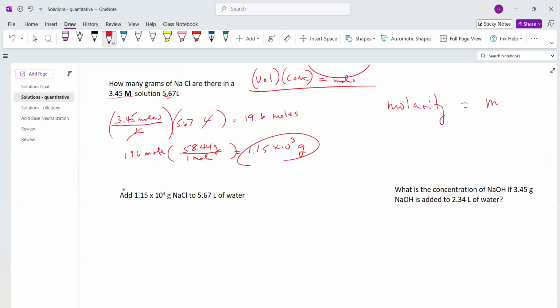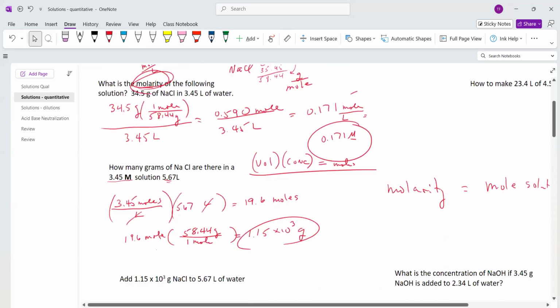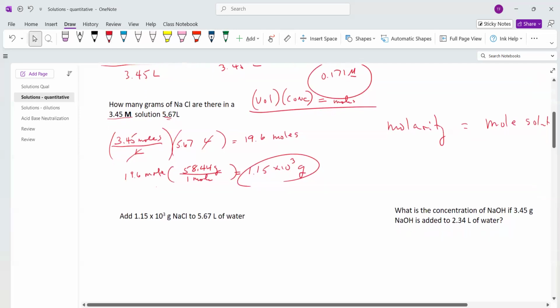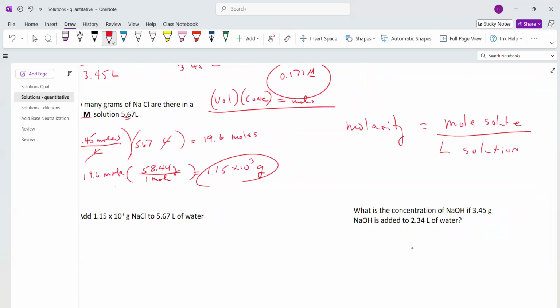Molarity is equal to the moles of solute per liters of solution. What is in the solution? Two things. Solvent and the solute. Exactly. Two parts.